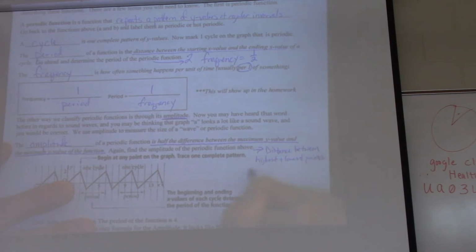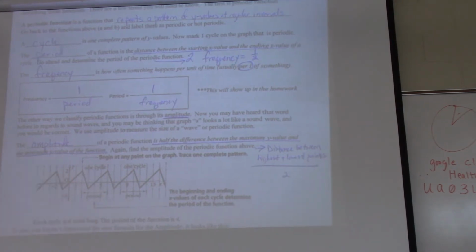And then I'm going to put over 2. Because really, it's the distance between the midline, which is the middle of the graph itself, to the top, and the distance from the middle of the line to the bottom. Well, that's easy. If midline, think midpoint, you always have to divide by 2 to find that.